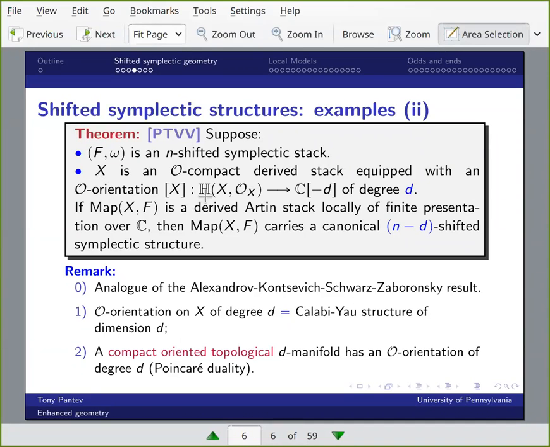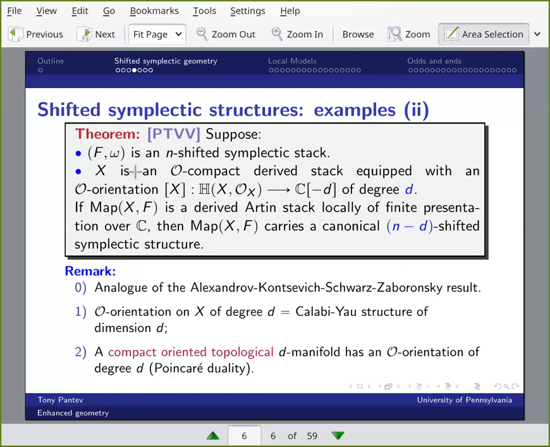It has a functional on the cochain algebra of the function theory with values in the constants placed in homological degree D, which is non-degenerate in some Poincare duality sense or Serre duality sense. So it looks like a Calabi-Yau structure.